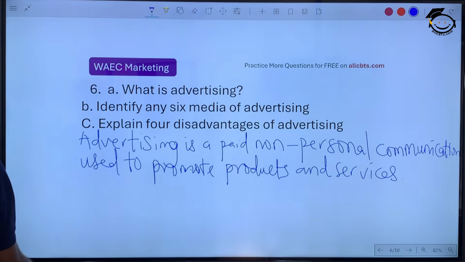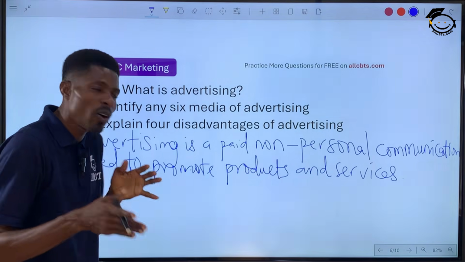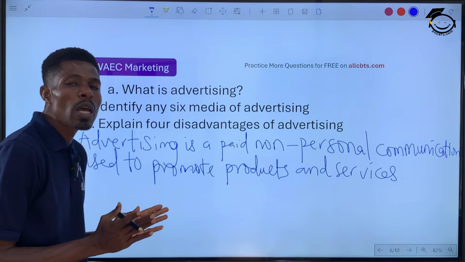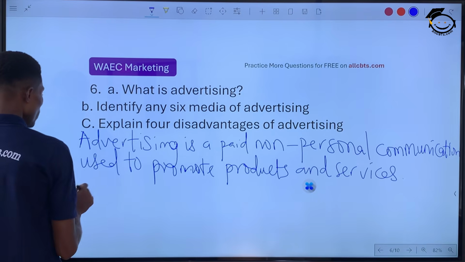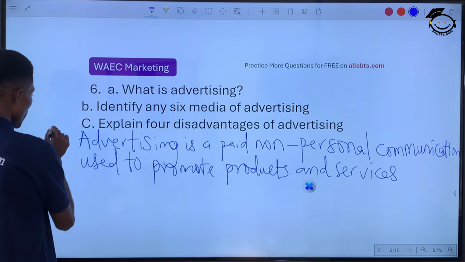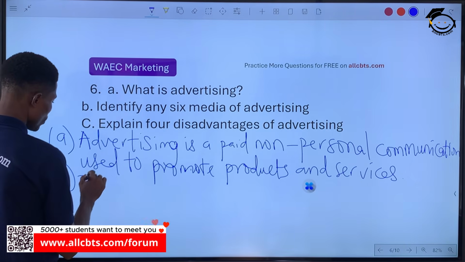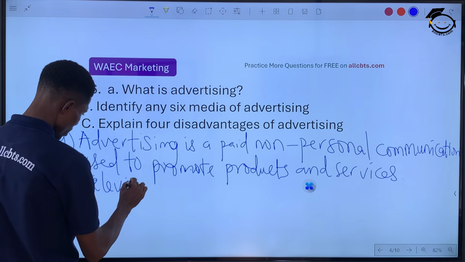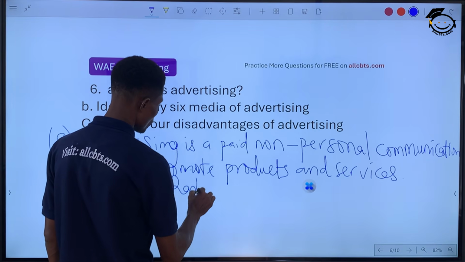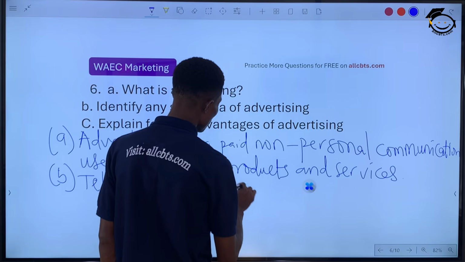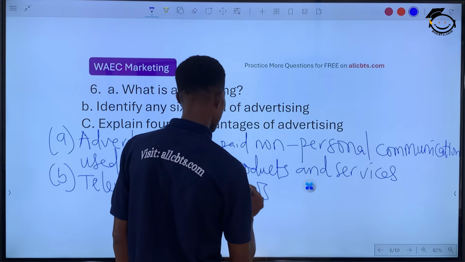All right. Now, identify any 6 media. The word media here means channel of advertising, ways by which advertisers advertise. What are the mediums they use? They use different mediums. Let's look at it. So this is question A. Question B, what are the mediums? Let's just go straight to the point. Television is a medium. Second medium, we have radio. Third medium, we have newspapers.